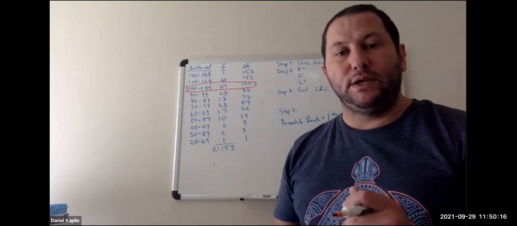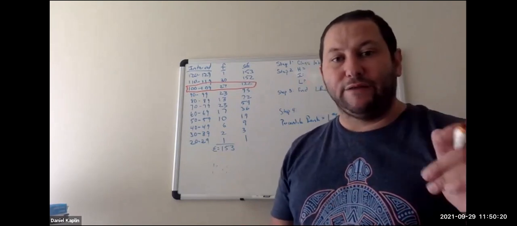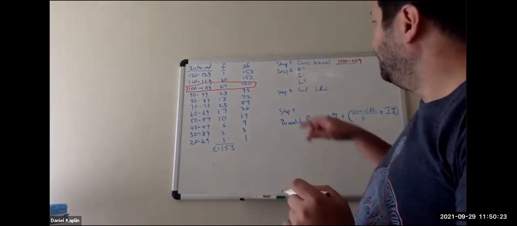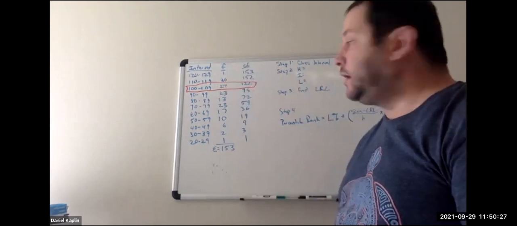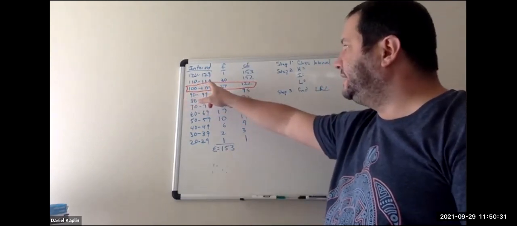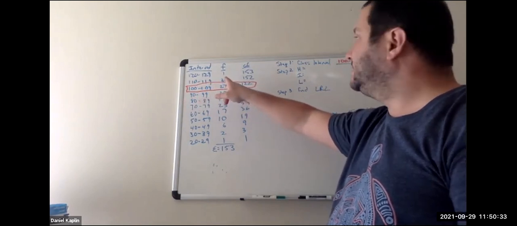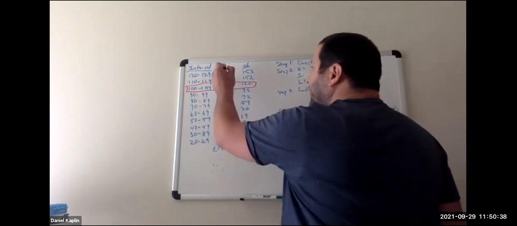Now, what I'm going to do is identify it as follows. The number of cases above my class interval: in 110 to 119, there are 30 cases, and in 120 to 129, there's one case.